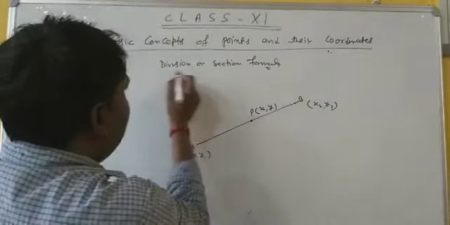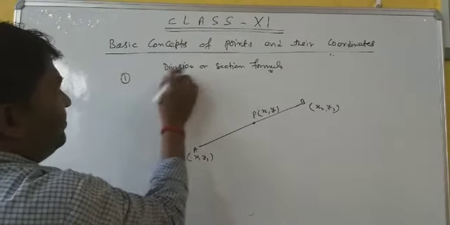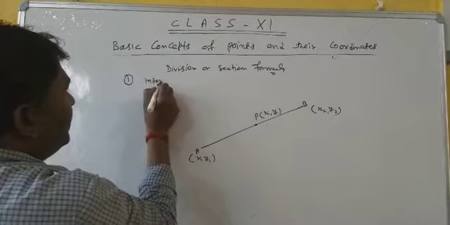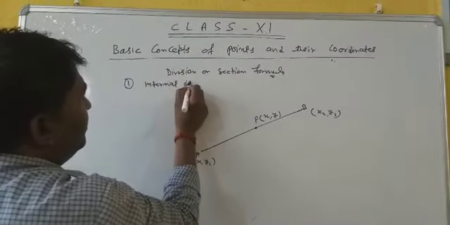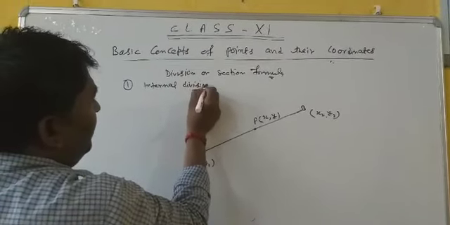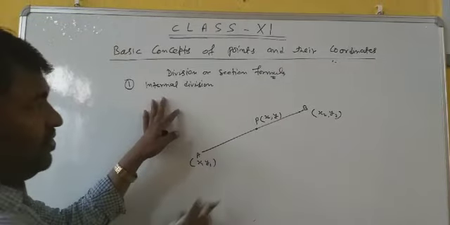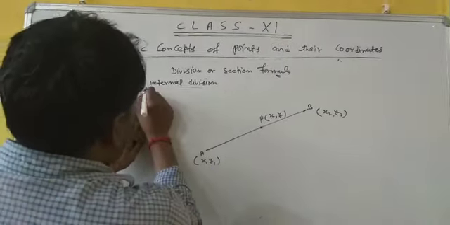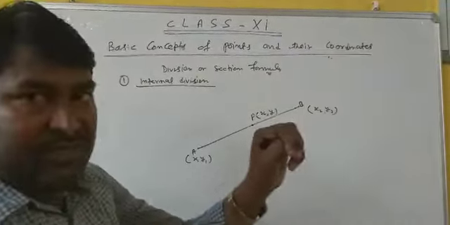In the section formula, there are two types of division: internal division and external division. First of all I am going to explain internal division.